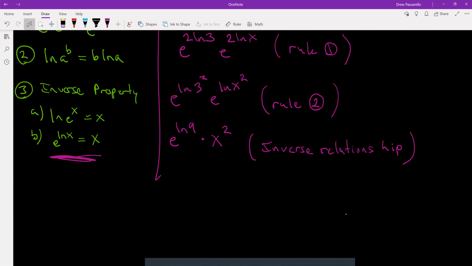All right, same thing for this, where I have e to the natural log of 9. The e and the ln cancel, so I could write that as just 9, and then x squared. So I'd use the inverse relationship again. All right, and that's it. That's going to be my answer, 9x squared.